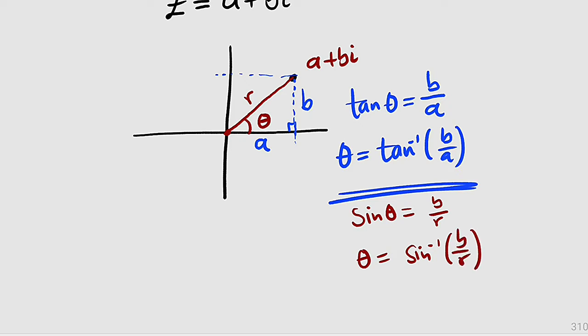And sometimes this complex number can be found within other quadrants. For instance, if it is situated here, this is going to be what? Negative a plus bi. Why? Because the x-axis here is negative. So which angle are we looking for? We are looking for the angle from the origin, and it has to start from the standard position from here down here.